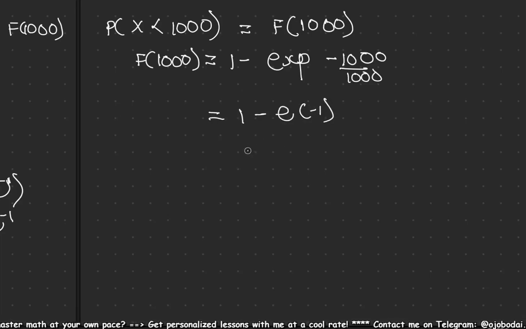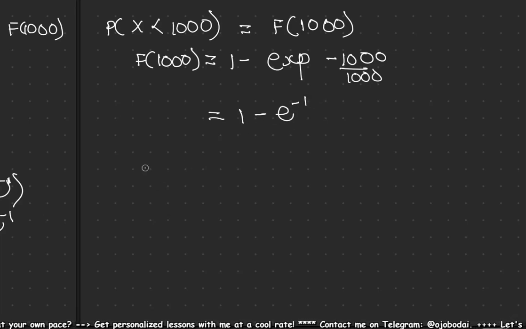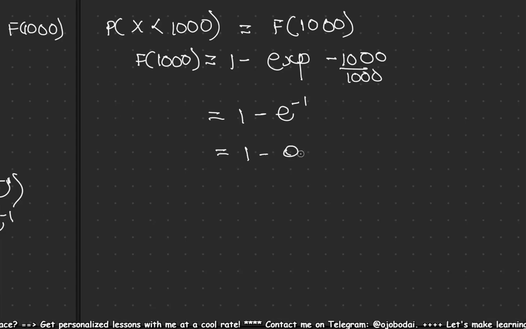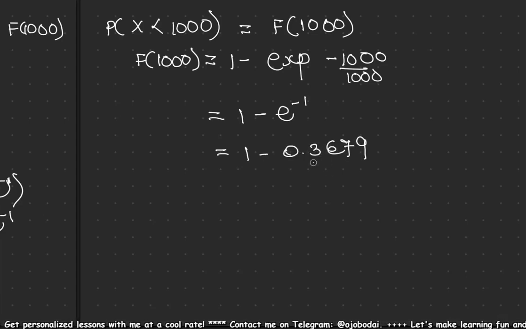Negative 1. Alright, that is e raised to the power negative 1. So simplifying, we have 1 minus, if you punch this on the calculator, you get 0.3679, or if you are using tables, you can also get that from that.